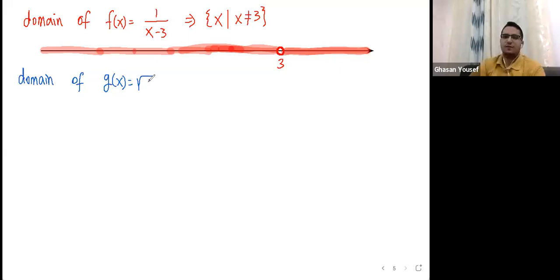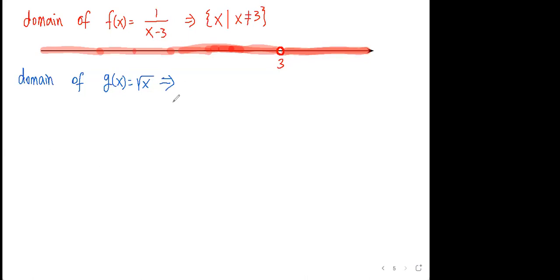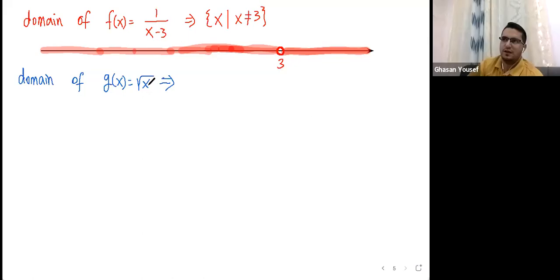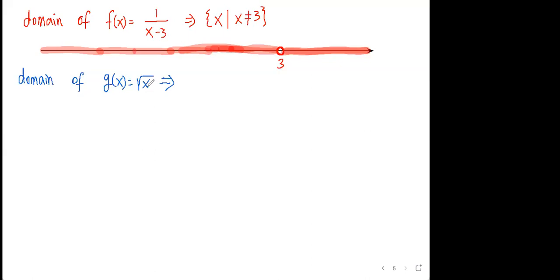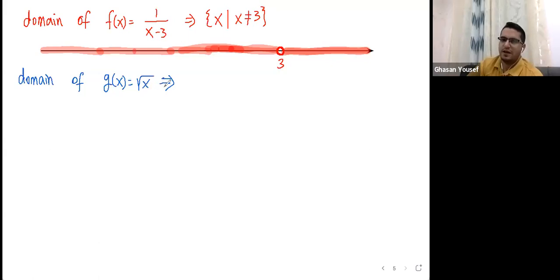So I can plug the 0 and any positive number, but I cannot plug a negative number. So the domain is x such that x is greater than or equal to 0.